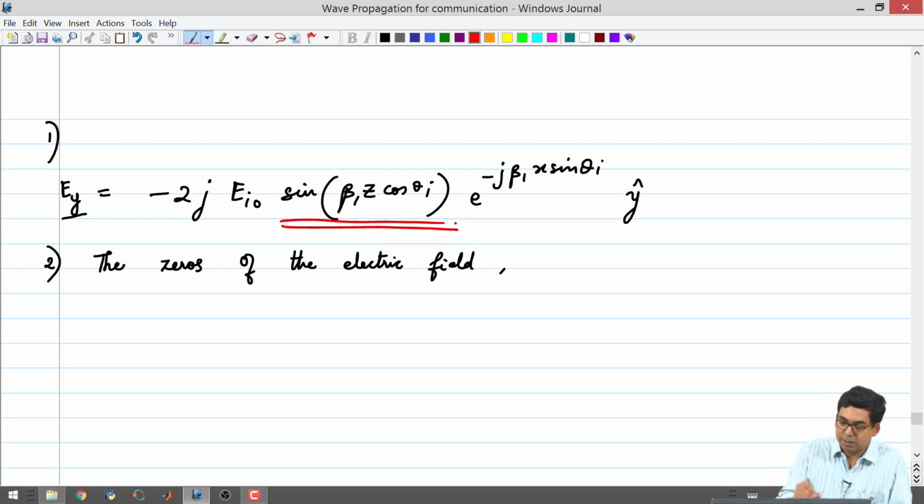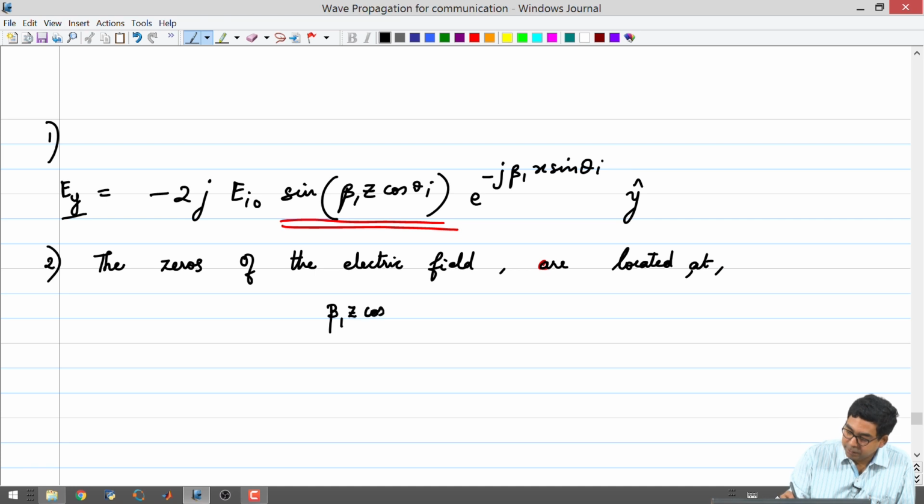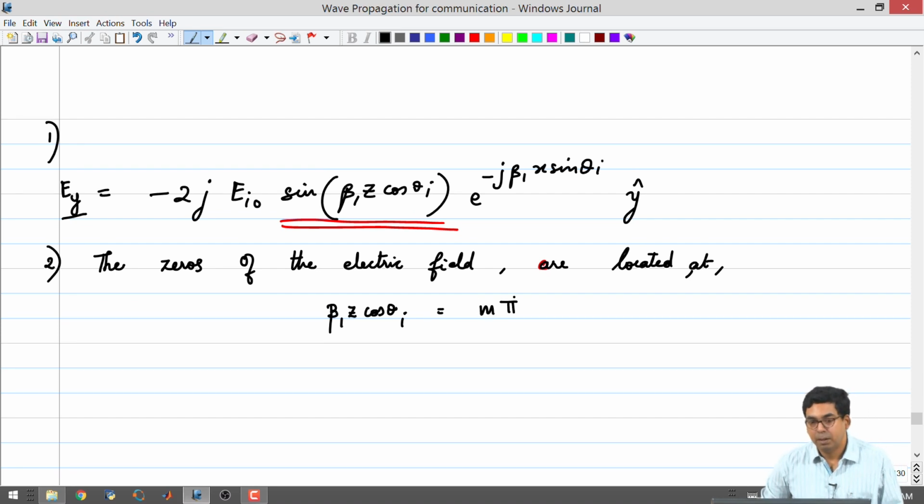So the zeros of the electric field can be located where beta 1 z cos theta I is equal to m pi. This is the argument of the sinusoid. Whenever it is equal to m pi, you are going to have zeros along the z direction.